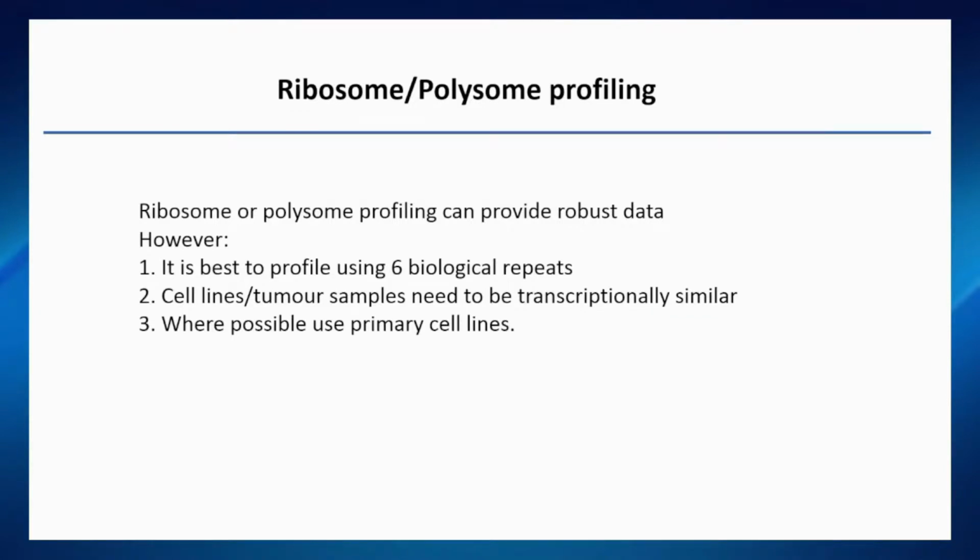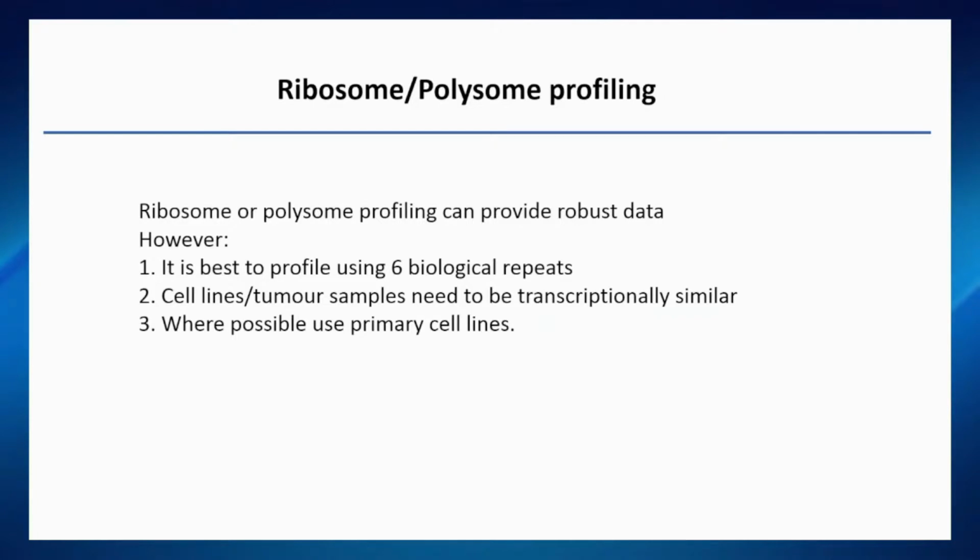Ideally, if you can, get samples that are transcriptionally similar. In one example I'm going to show you, when we looked at diffuse large B-cell lymphoma, we took lymphomas which had the same translocation, and that worked really well in terms of working out what was going on and getting a robust data set. Where possible, I would suggest you use primary tumor lines.